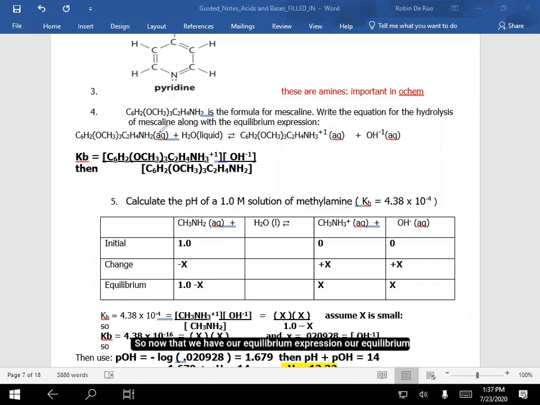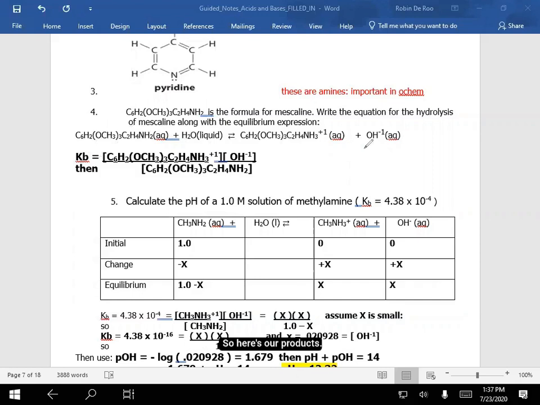So now that we have our equilibrium reaction, we just write the equilibrium expression. But remember, this was acting as a base. So if your molecule is acting as a base, you must call it a Kb. It's really important that you label this as a Kb so that you're clear that this is representing a base.